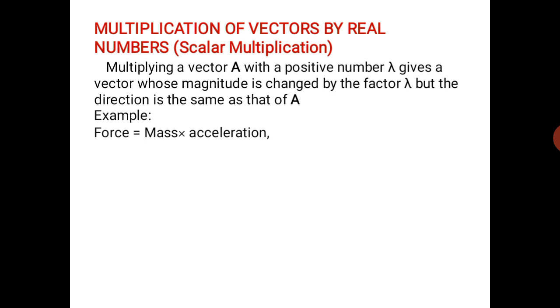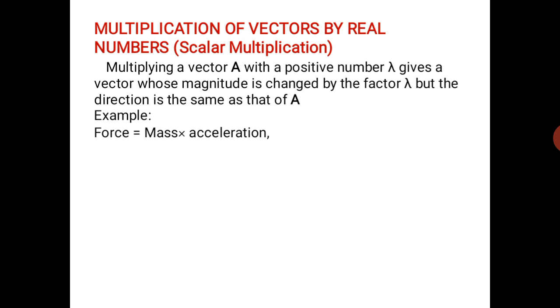Then F equals ma means 2 times acceleration, that is 2 into 3, which is 6 Newton. This 6 Newton is the force, and the direction of the force is the same as that of the acceleration. So this is one example for multiplication of a vector by a real number.